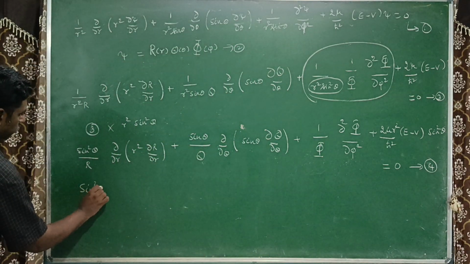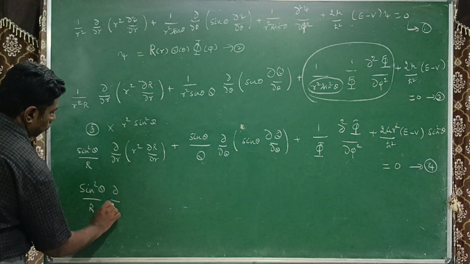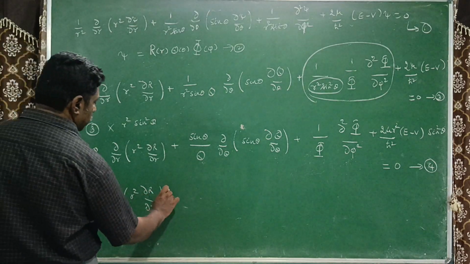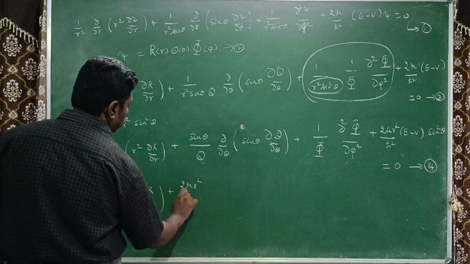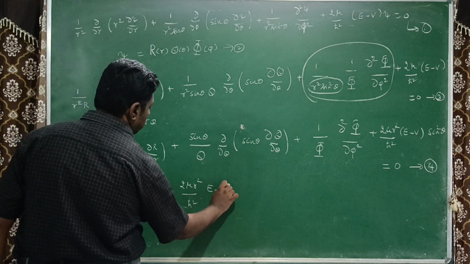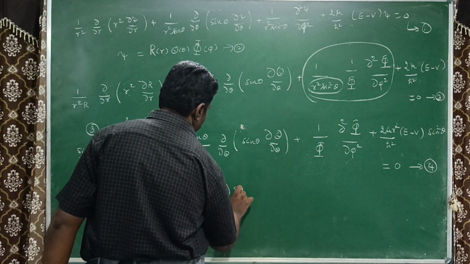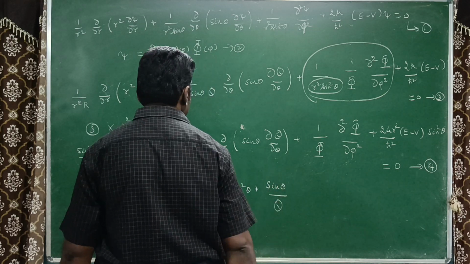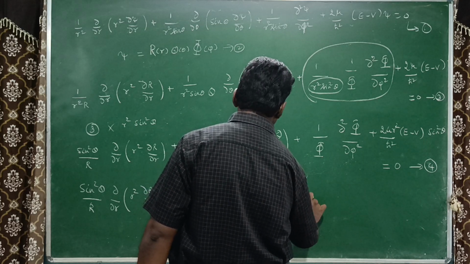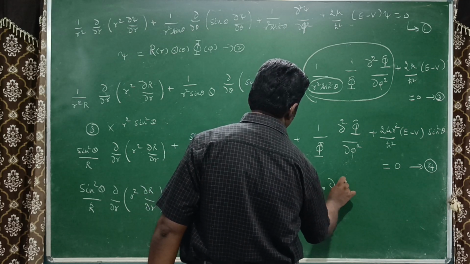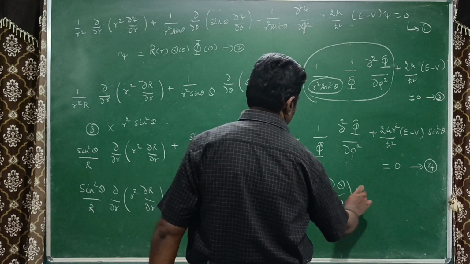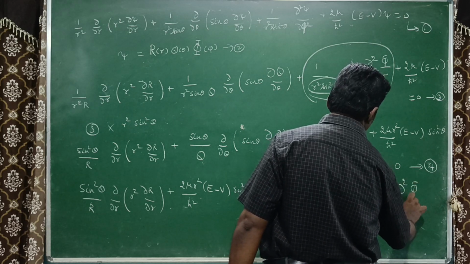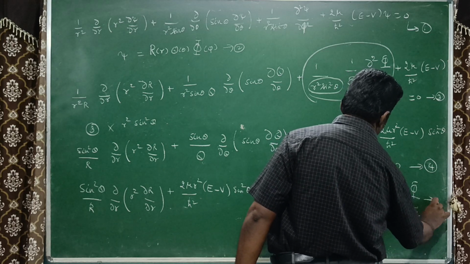Sin square theta divided by R, dou by dou r of r square dou R by dou r, plus 2 mu r square by h cross square into (E minus V) sin square theta, plus sin theta divided by capital Theta, dou by dou theta of sin theta dou capital Theta by dou small theta, which is equal to minus 1 divided by capital Phi dou square capital Phi divided by dou phi square. This is equation 5.